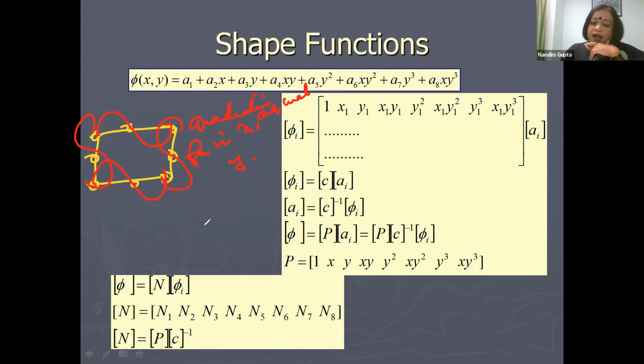Now, if you have to do that, if you look at the Pascal's triangle, for a complete polynomial of the second order, you need 6 terms. 1, 2, 3, 4, 5, 6, 7, 8. You have more than 6 terms. So what will you do?